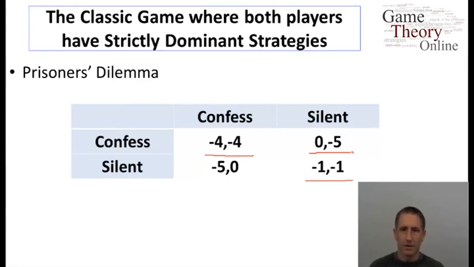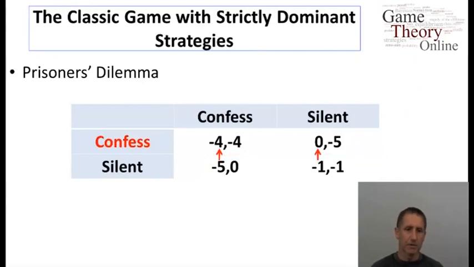On the face of it, a very straightforward game, but notice what happens here. If you look at it from either player's perspective, but let's say in this case the row player has the dominant strategy of confessing, because in one case they would get a payoff of -4 rather than -5 if the other player had confessed, and if the other player remained silent, they would get a payoff of 0 rather than -1. So in either case, they're better off confessing.